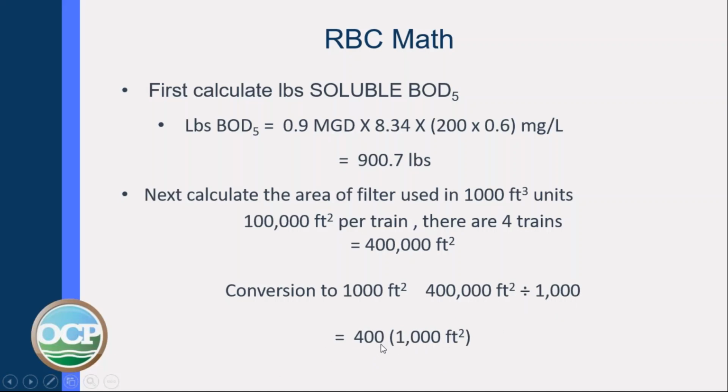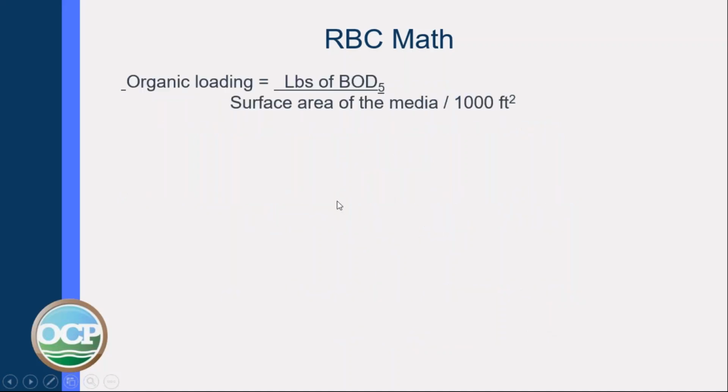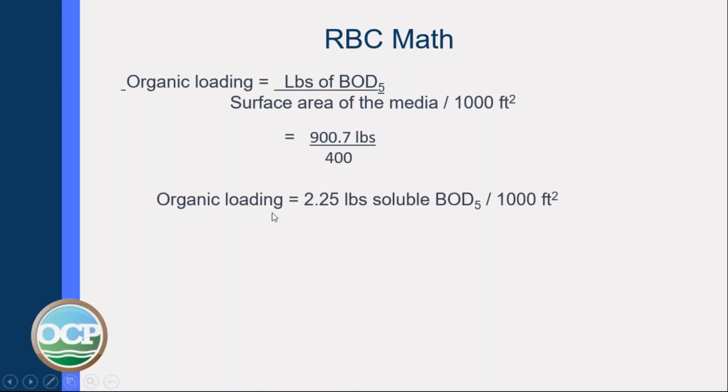Take your BOD, which is 907 pounds, divided by the surface area of the media, 400 1,000 square foot units. It gives you a loading of 2.25 pounds of soluble BOD per 1,000 square feet. That's less than 2.5 pounds per 1,000 square feet, so your unit is not overloaded.